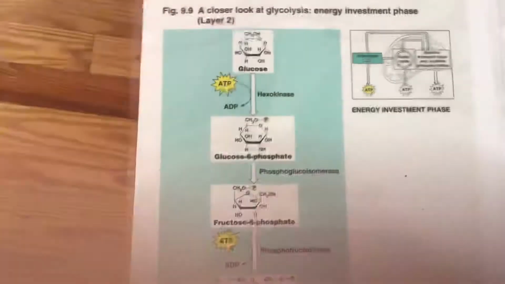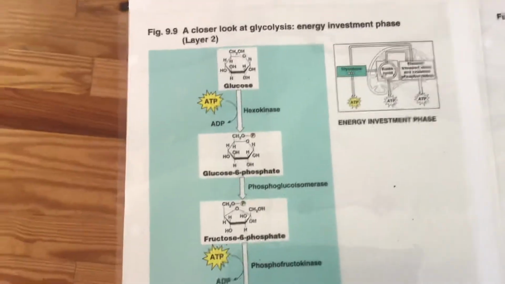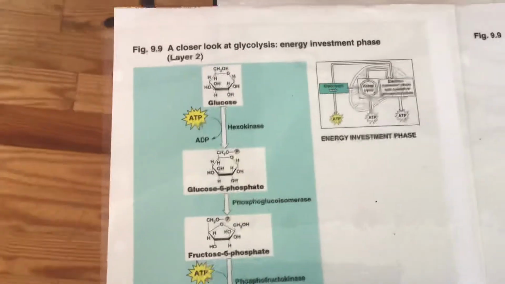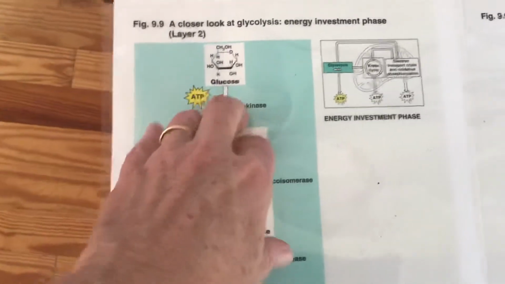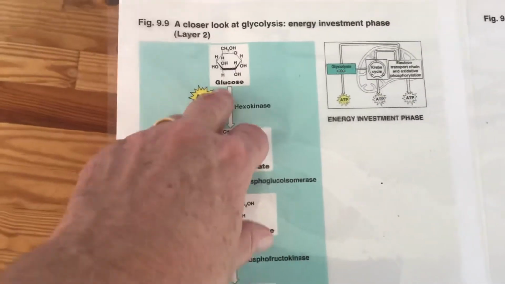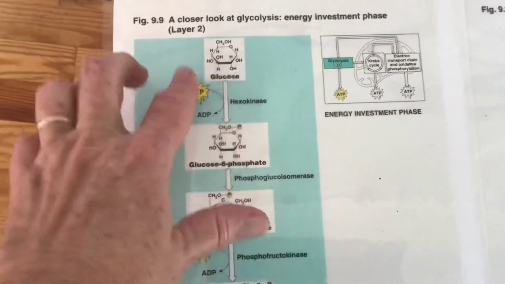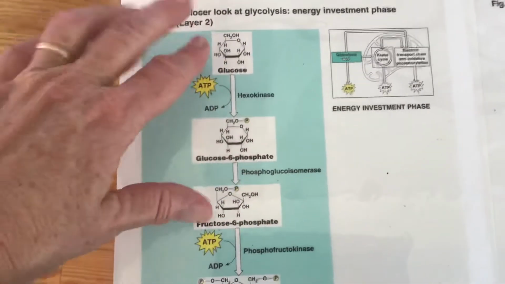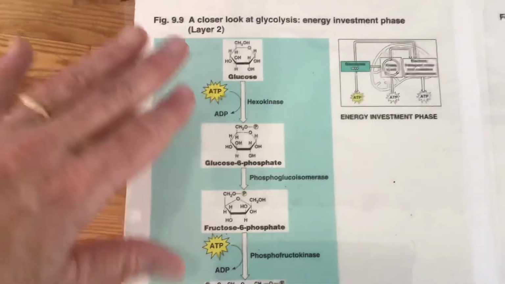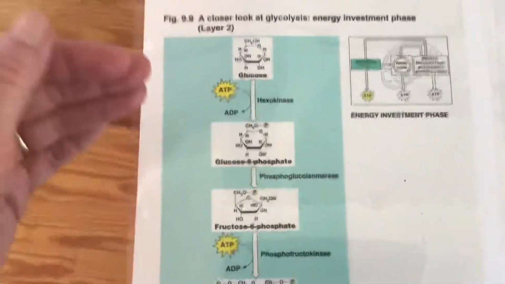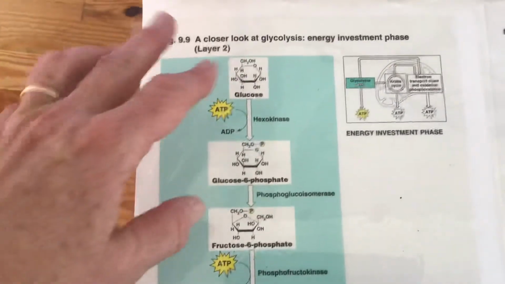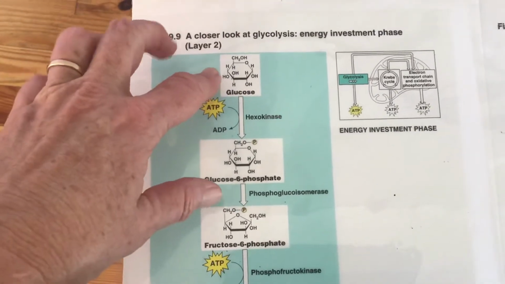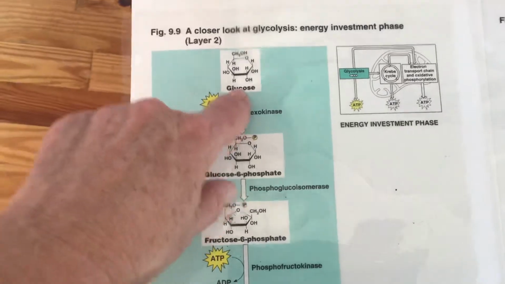The other reason is that some disaccharides or polysaccharides have to be broken down first through hydrolysis in order to get the glucose or sugar molecules that can then enter the process. So once we are in glycolysis, we have to start with a sugar, and the sugar that goes through the entire process is glucose. All right, so that's why they use it to talk about.